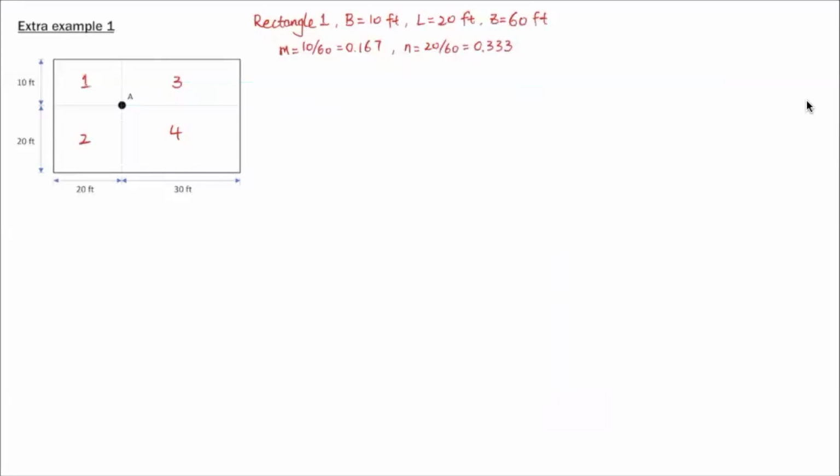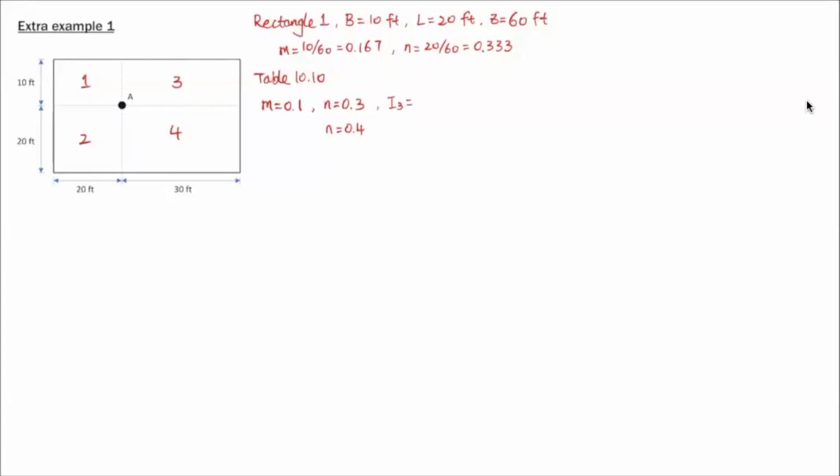From table 10.10, we keep M at 0.1. The N value 0.333 is between 0.3 and 0.4, and both are in the table. So for N of 0.3 first, and then N of 0.4.